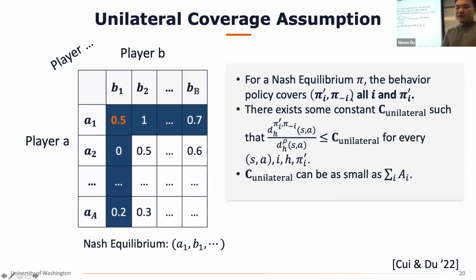You need to cover for all the agents. So given this Nash equilibrium policy except for player i, you need to cover all the policy for i. Okay, so for pi prime and this kind of joint policy in this form. Okay, so basically it's a natural generalization of the two-player zero sum case.